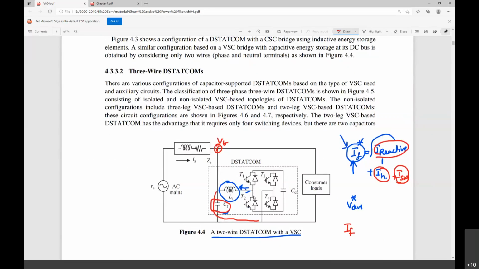Because this inverter operates at a frequency of maybe 2 to 3 kilohertz or 2 to 5 kilohertz, there will be switching frequency components of currents alternating this voltage, and they will flow this way because of the CR.